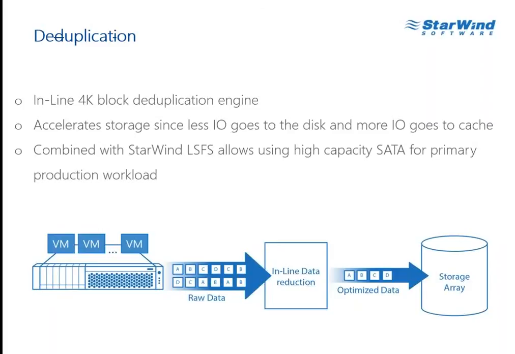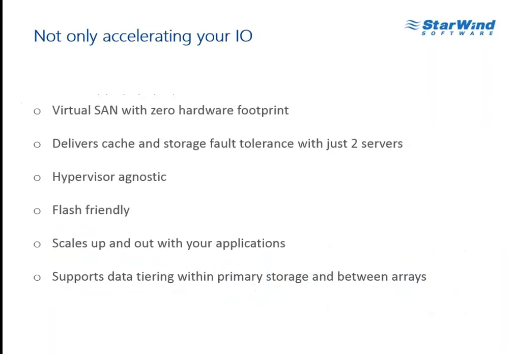Now, you may be wondering, what are the additional features StarWind has to offer other than provide you cache redundancy and cache deduplication, which is already something. The overview of our feature set is described in these 6 bullet points.